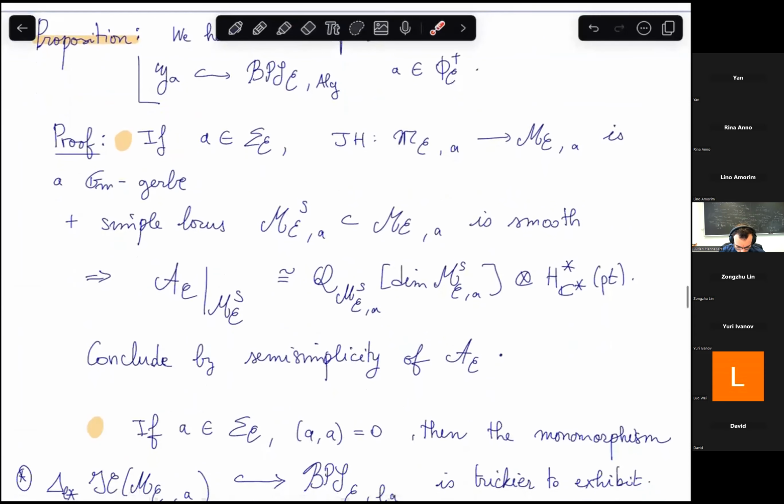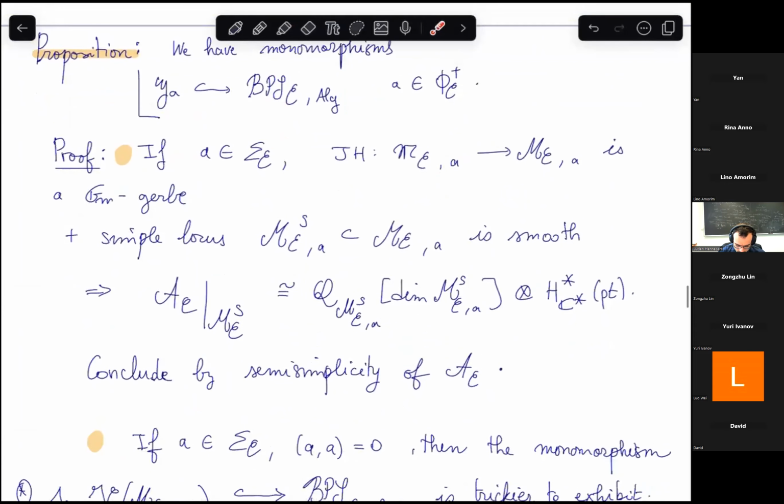I've included a proof. So when A is in sigma C, it's quite obvious what you have to do. You use the fact that the JH Jordan-Holder map, good moduli space map, is a gerbe by definition of sigma C. And then, yeah, I don't want to bother you with this because it's a calculation you can make. The simple locus is smooth.